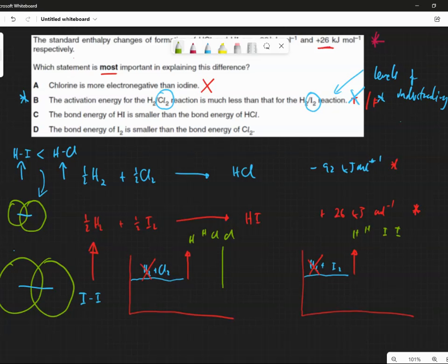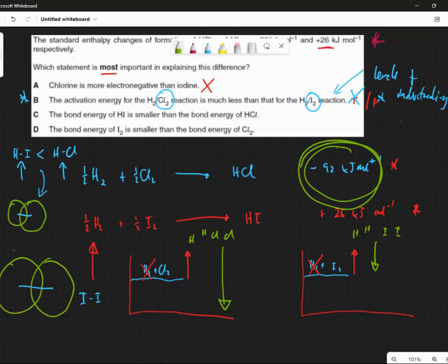So which arrow is going to be bigger? This one is going to be bigger than this one. So overall, which one is going to be the more exothermic overall reaction, and which one is going to be the more endothermic overall reaction? It's the HCl, I'm telling you.